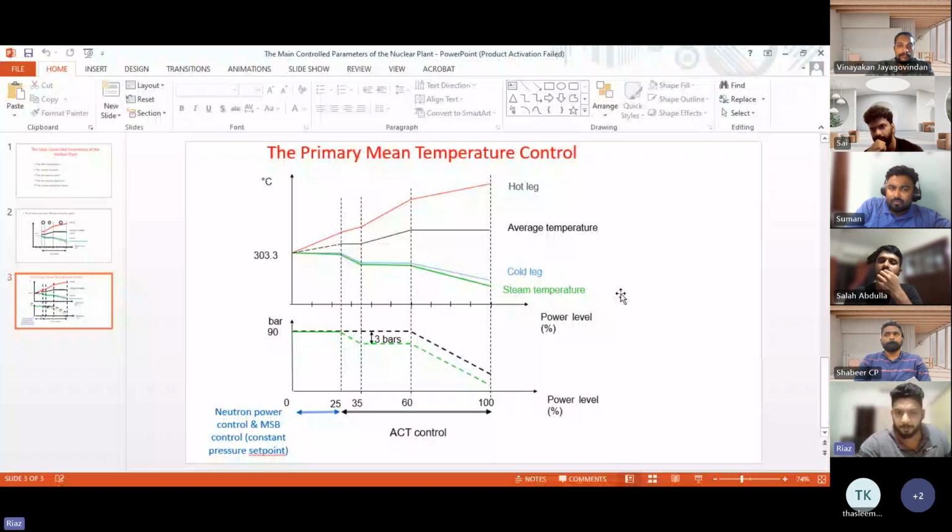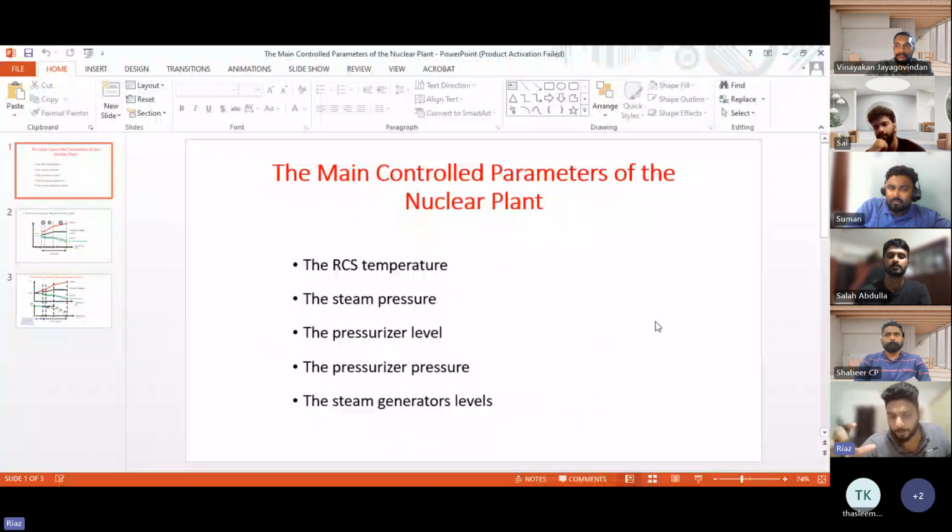I think the control channel is a very big topic, and if we go deep into the reactor control system, there will be some control channels consisting of two or three systems combined, like the primary and secondary side.